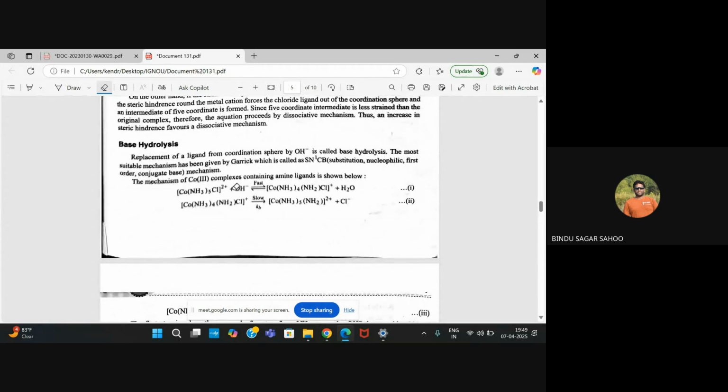Okay, if you calculate one by one, what will be the rate constant of this step? The rate constant of this step will be K, multiplied by this initial concentration and multiplied by the OH minus concentration.